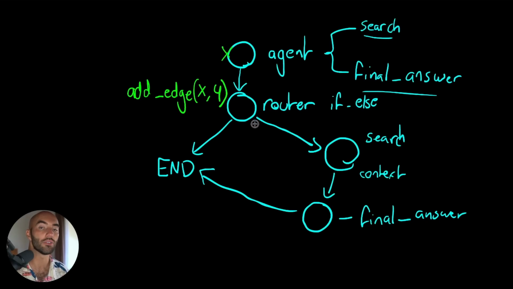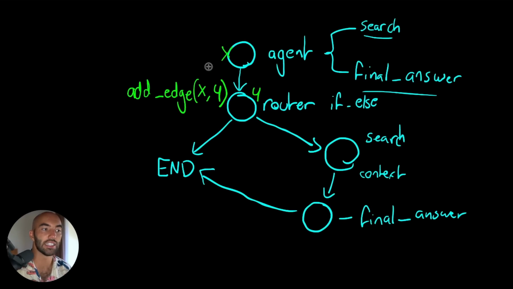In this case, it would be our router. And yeah, that's how we do that. Because we have defined the nodes in our graph using strings, we will also define most of these as those strings. So the agent, for example, we defined as a query agent. It's a string.